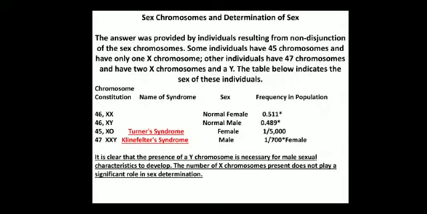The answer for the previous question, that is how the sex is determined, was provided by individuals resulting from the non disjunction of the sex chromosomes, so that abnormalities, during the process, some will be having 45 chromosomes and some have 47 chromosomes.